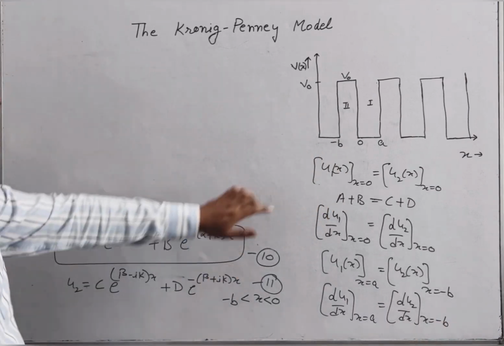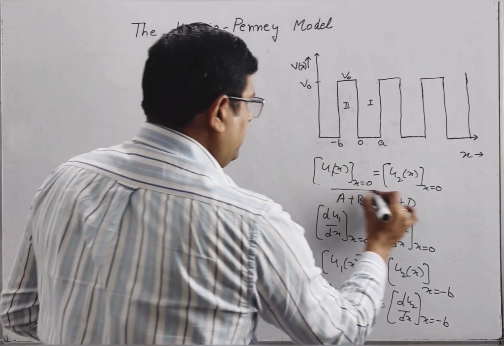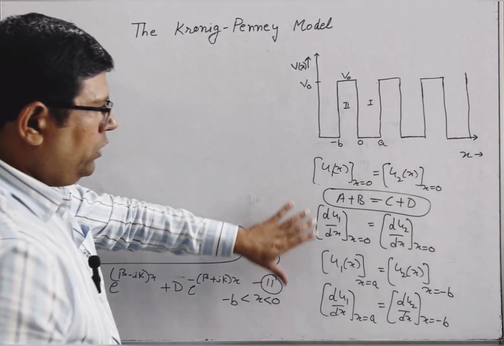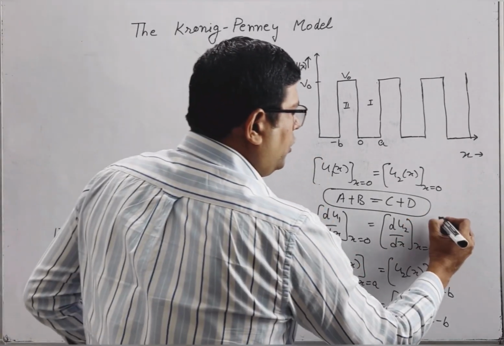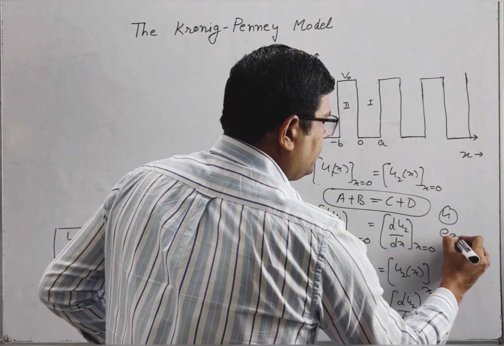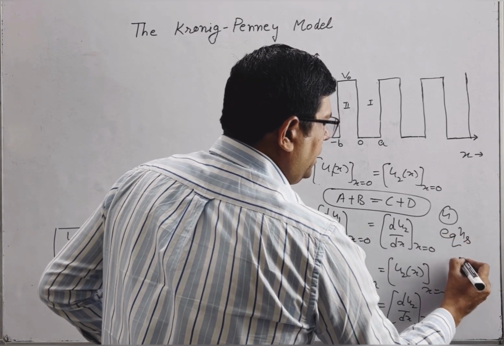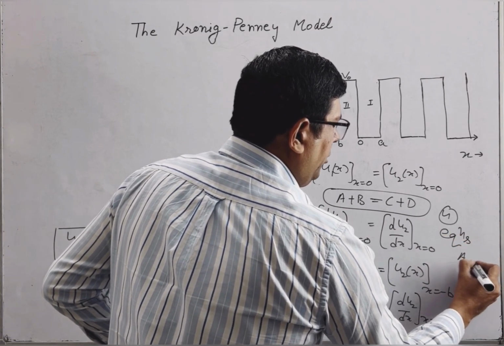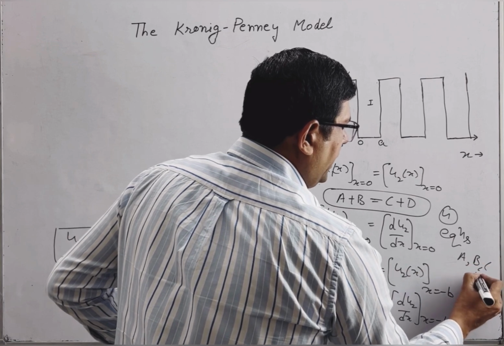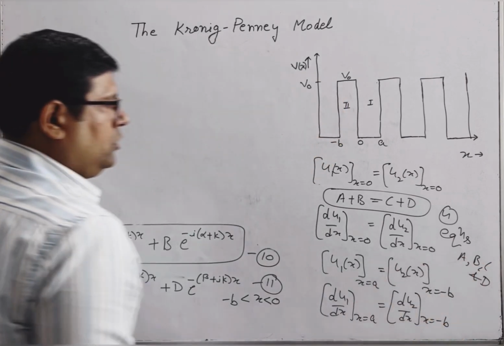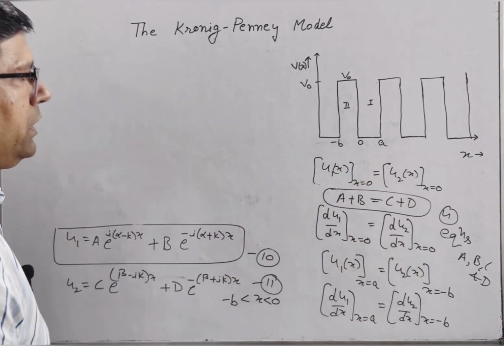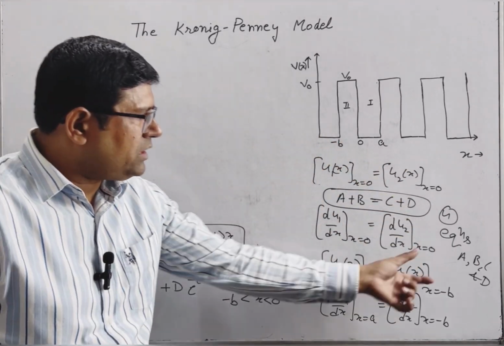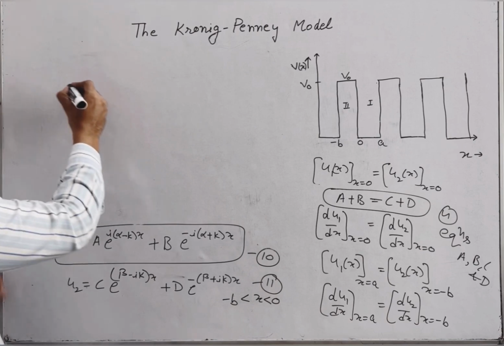Like this equation, we have three other equations. In total, we have four equations in the coefficients A, B, C, and D.